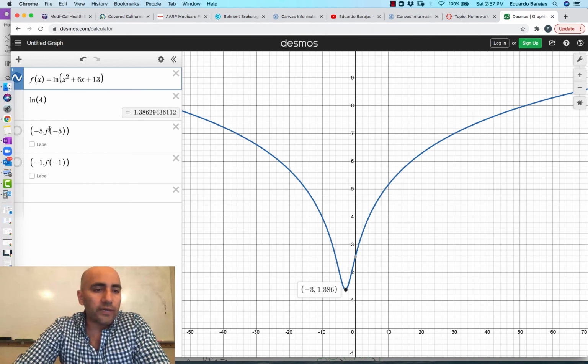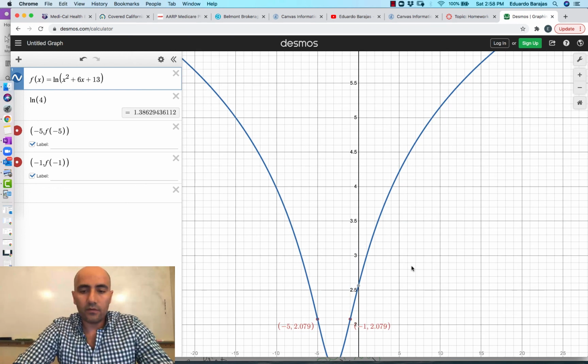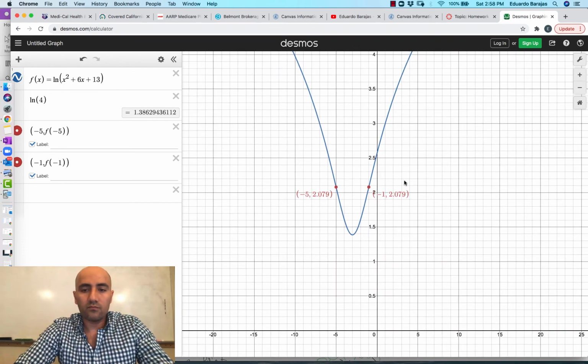And also we can identify this point and this point right here. Oh, there. This point and this point at negative 5. Well, we didn't calculate the output. I don't think it asked us. That's fine. And we also identify this point. Okay, so let me zoom in a little bit more.